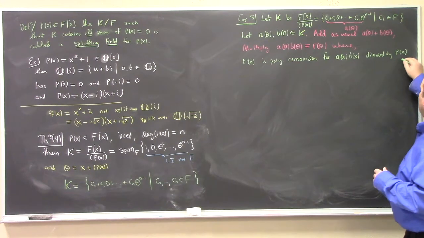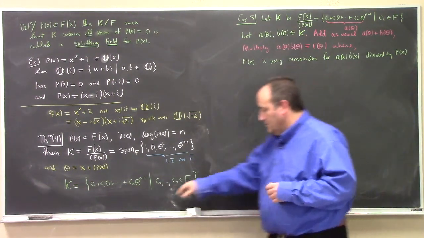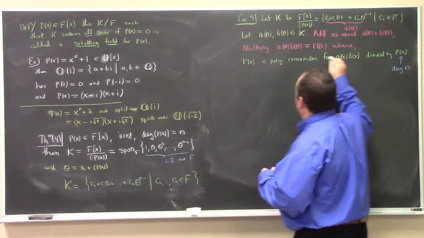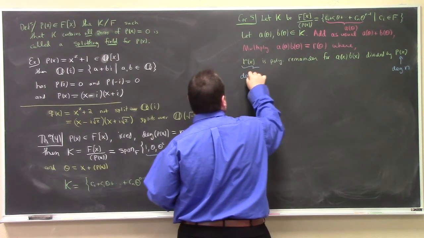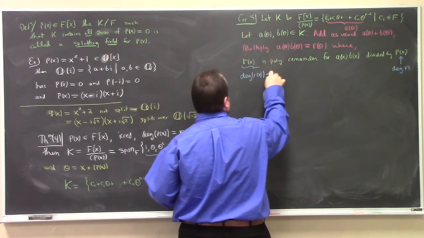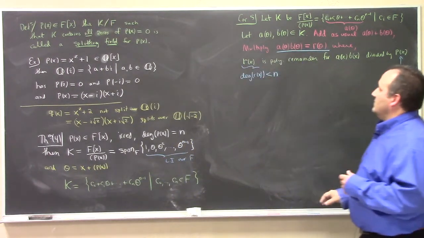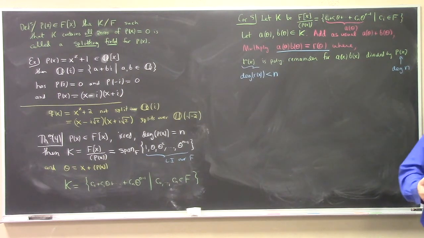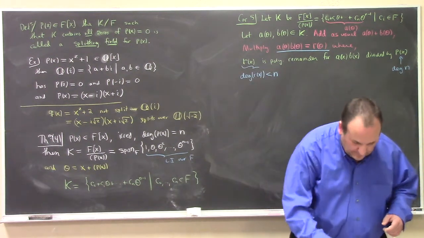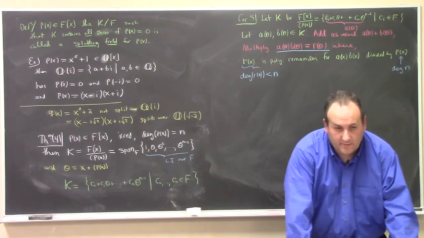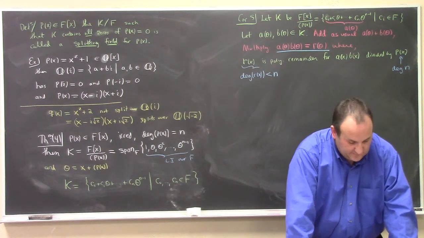Because P has degree n, the remainder must have degree less than n. So this claim makes sense: we're saying it's a polynomial of degree less than n in theta, which is a typical element of K. This observation is useful if you're trying to prove some general thing about multiplication of polynomials in one of these quotient rings.